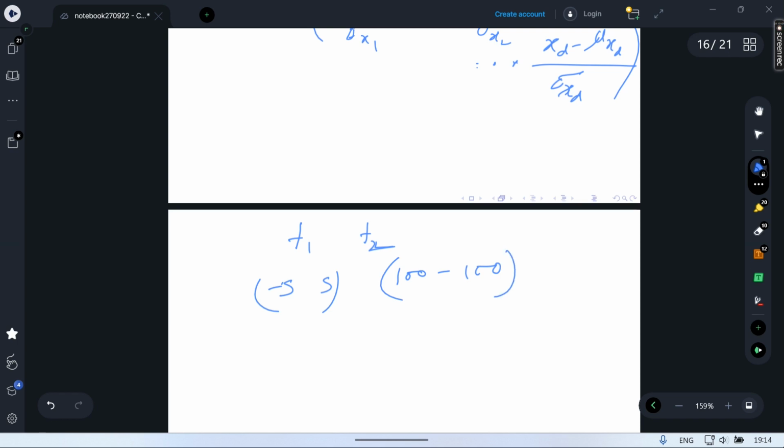Then what will happen if you directly use such features to train a machine learning model? Since the values of the second feature are much larger than those of the first feature, the machine learning algorithm trained on these features will give more importance to the second feature and less importance to the first feature.